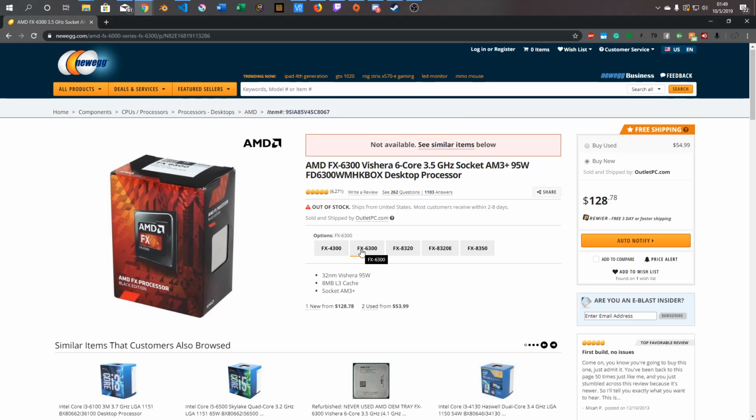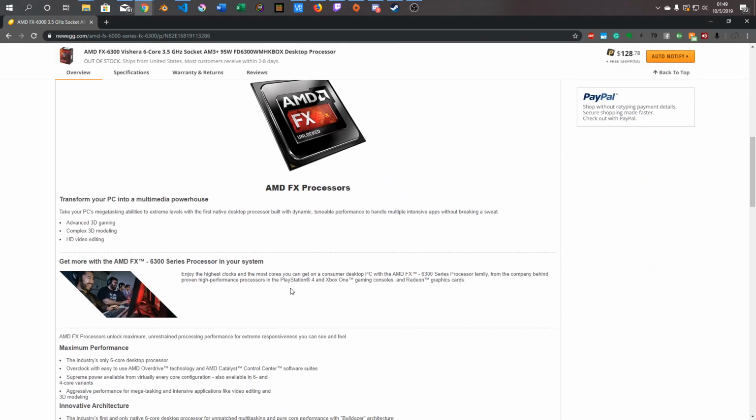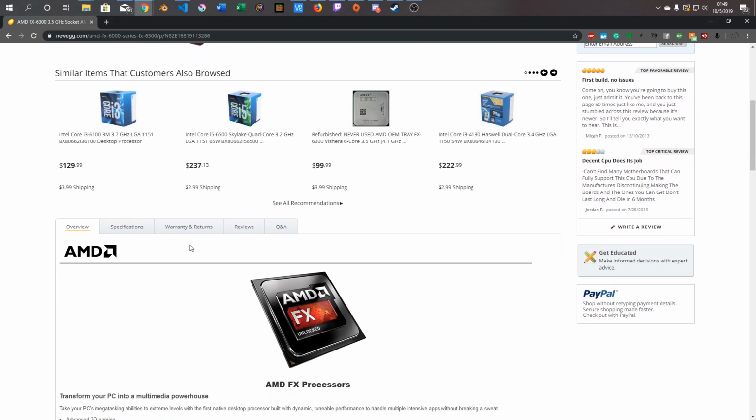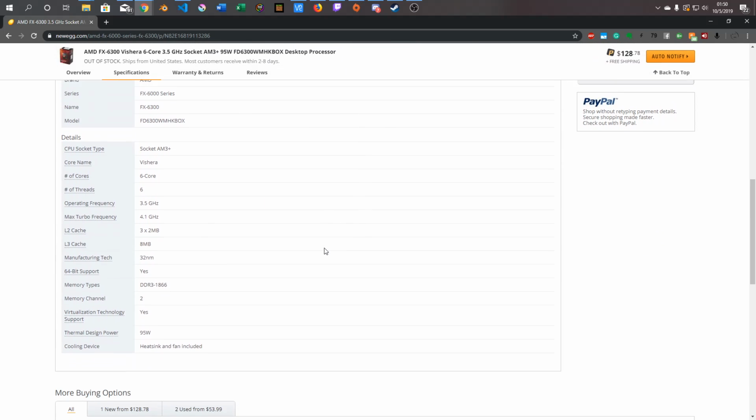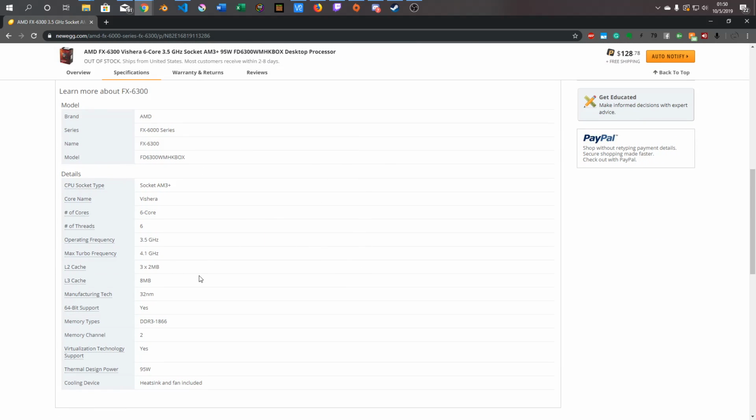6-core. See? That first number in the name is how many cores there are. So let's go down here. Okay? There's a few things you want to pay attention to on the processor in specifications. The first is operating frequency, otherwise known as how fast each core goes, potentially.